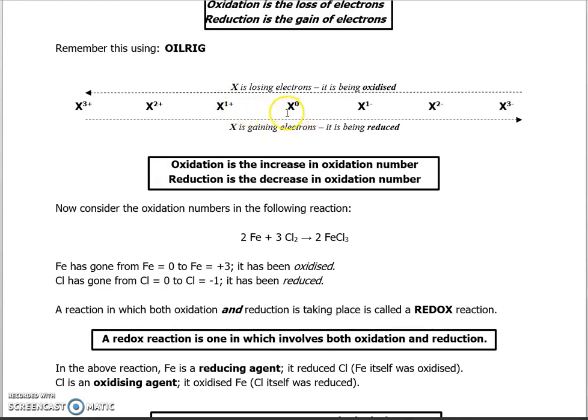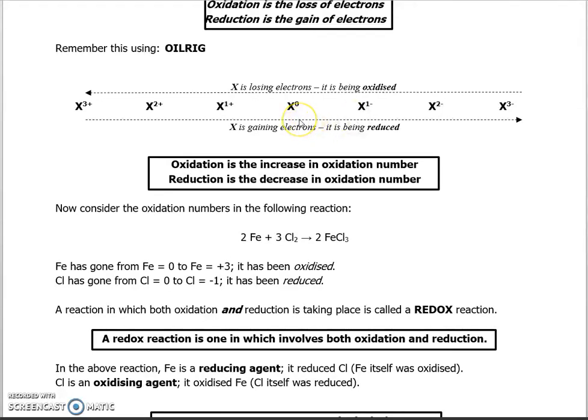Fluorine, on the other hand, starts off at 0, and to form a fluoride, it gains electrons and becomes an F- ion. So in this case, fluorine would undergo reduction because its oxidation number is decreased.